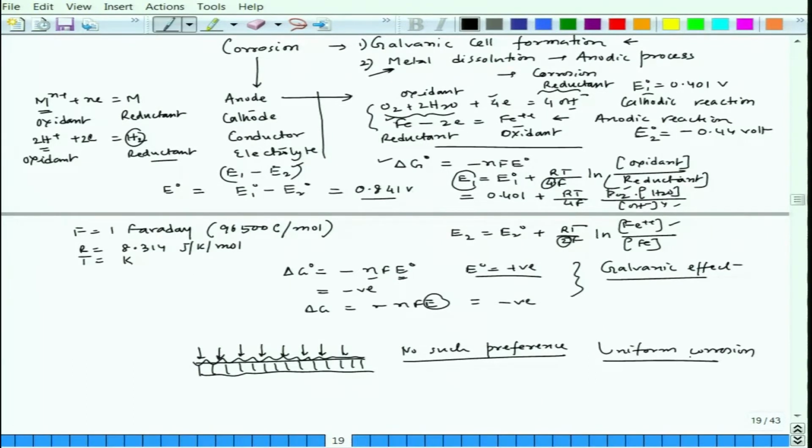But theoretically, if we consider reaction wise, it is galvanic effect.